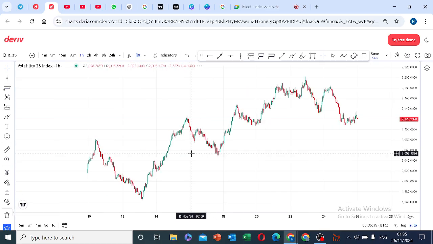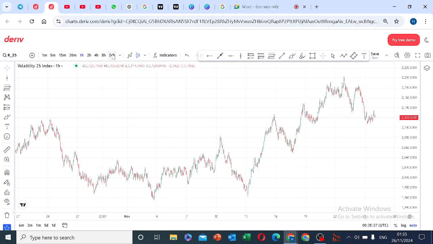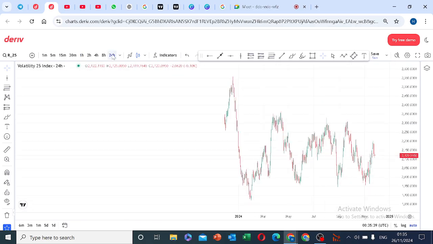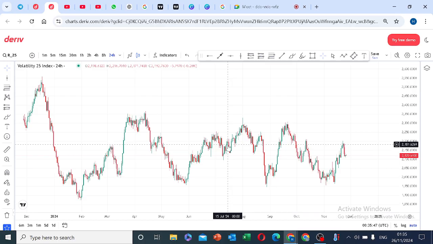So now, for instance, if we want to understand the trend, we'll go to the higher time frame. On this particular time frame, what can we easily see? We can see that this market is not actually an uptrend or a downtrend. Why?